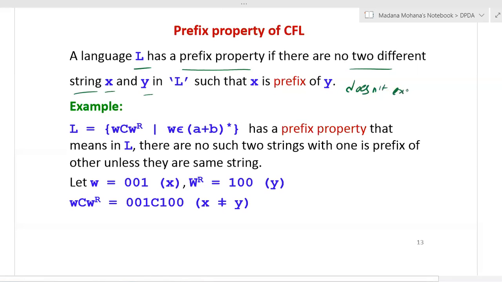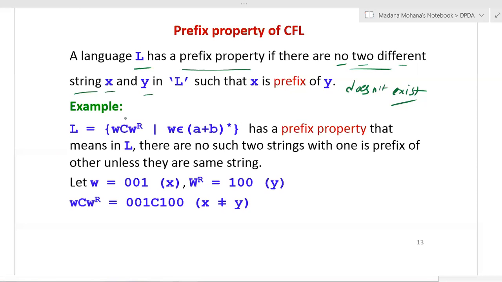This case does not occur. Then we can say the context-free language has the prefix property.